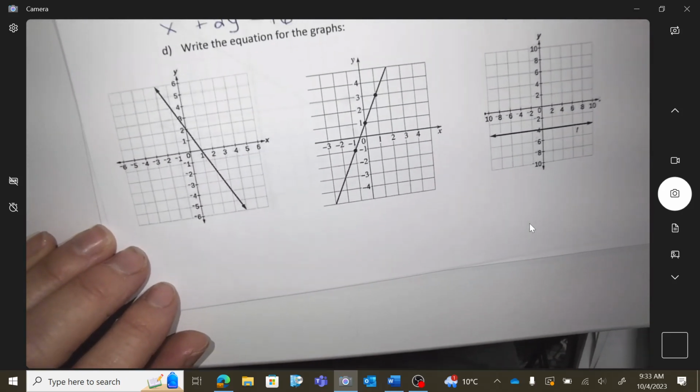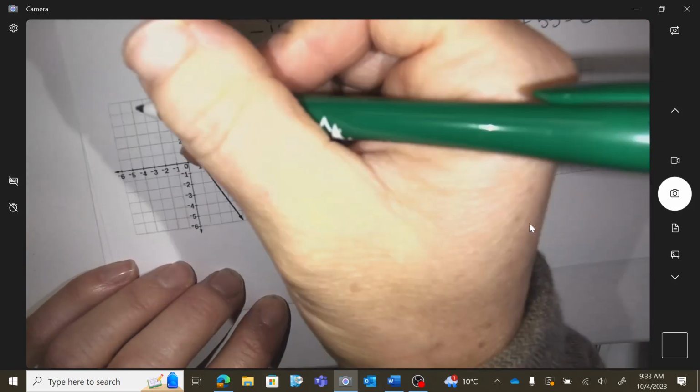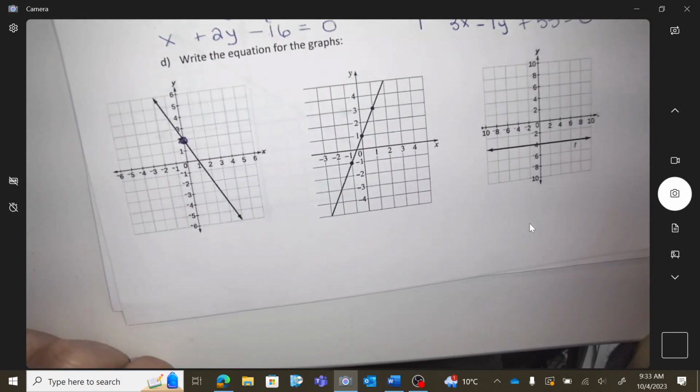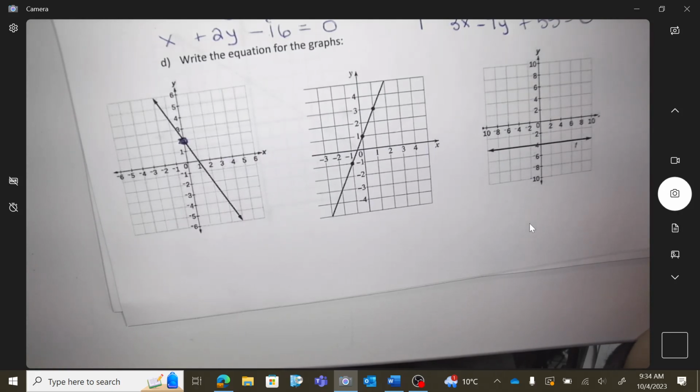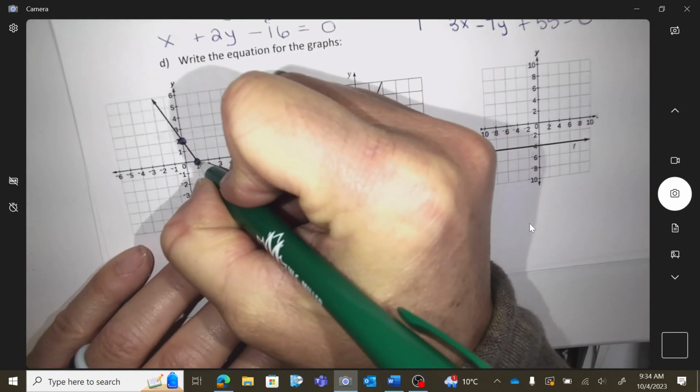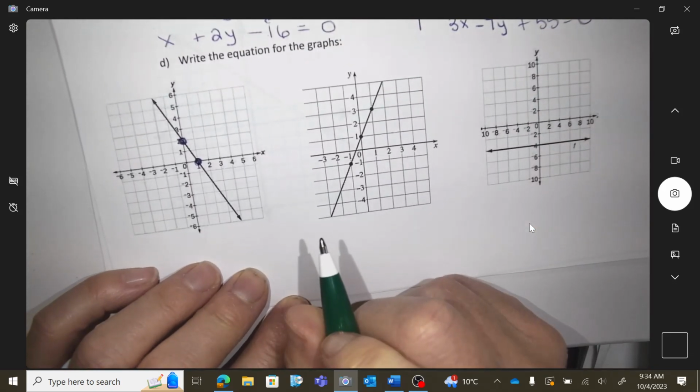Okay, writing equations if I give you graphs. So on this one, it looks like I can clearly identify a y-intercept, so that's important to me. And I'm going to find another coordinate, just any other coordinate. Looks like this is the next one I would see.